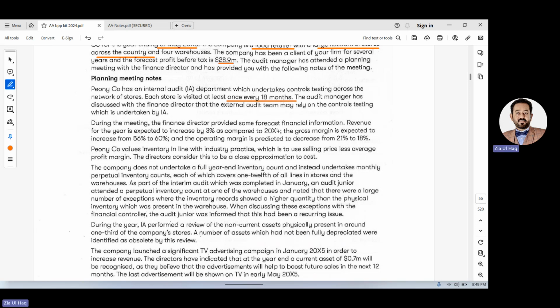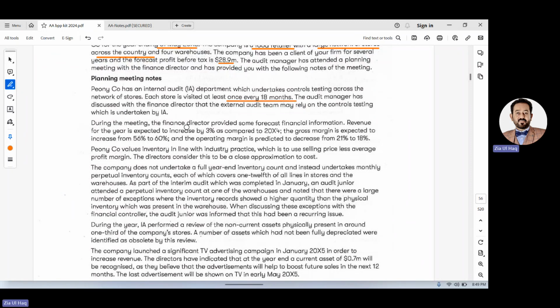After 1.5 years, he is visiting. So if he is not visiting the stores on a regular basis, due to lack of monitoring of control, misstatements may not be prevented, detected, corrected by the system. Despite having an internal audit department, there is lack of monitoring. Control risk. The audit manager has discussed with the finance director that the external audit team may rely on the control testing which is undertaken by internal auditor.